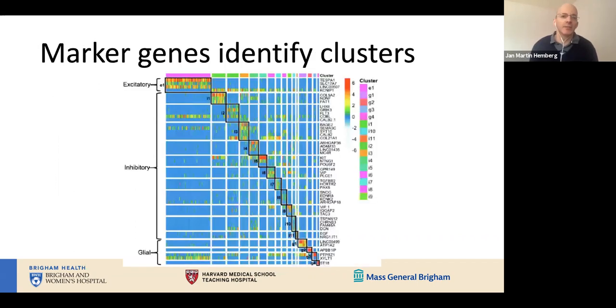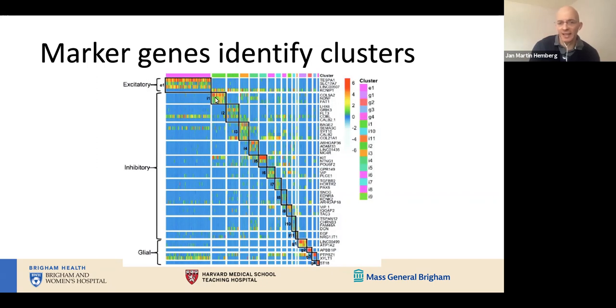So one concept which is intuitively very easy to understand is marker genes. Marker genes are defined as genes that are highly expressed in one cluster and lowly expressed everywhere else. This is illustrated here in this heat map. Here on the rows, you have different types of genes, and in the columns you have cells which correspond to different clusters.